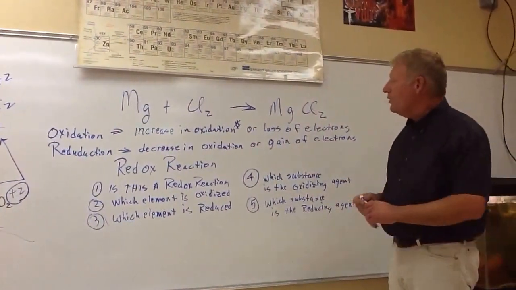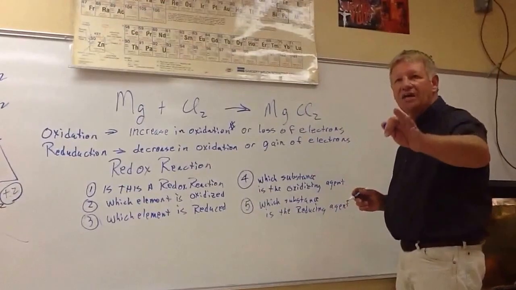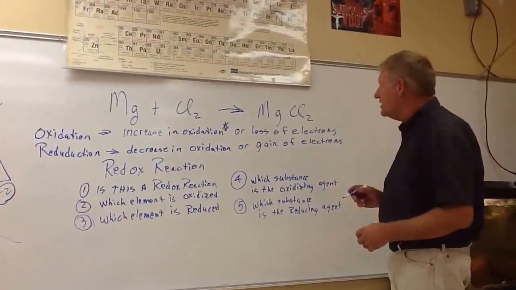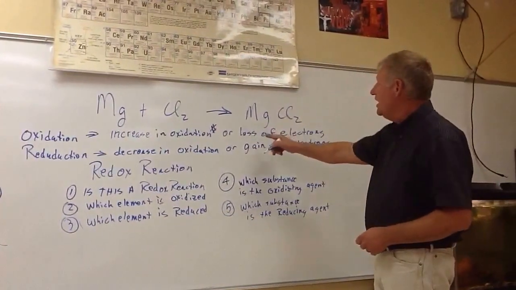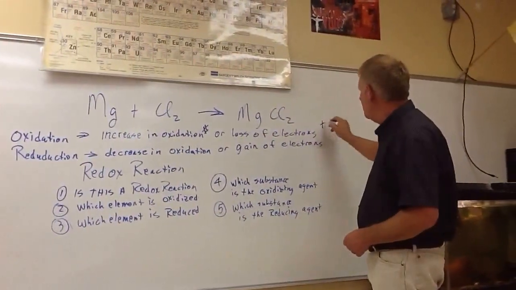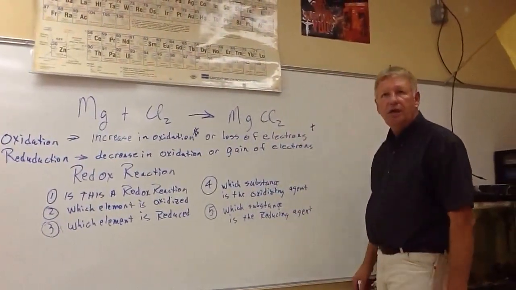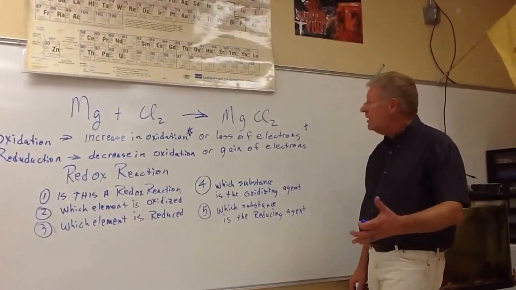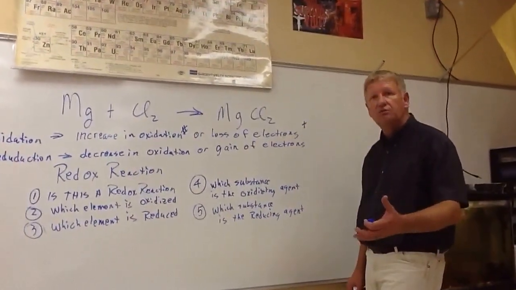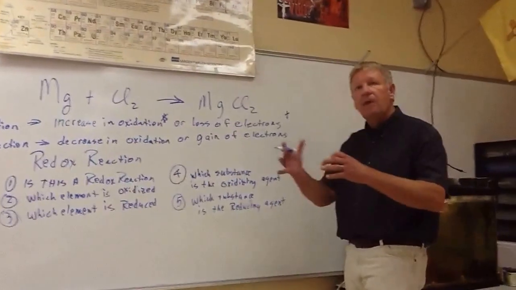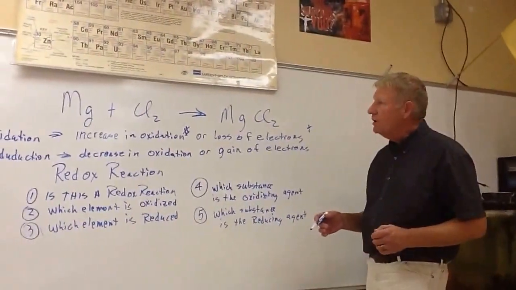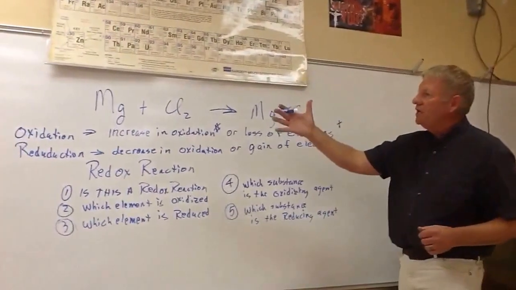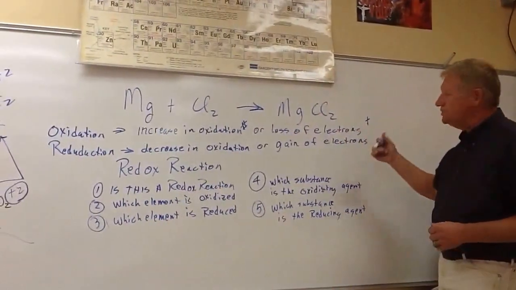If something is oxidized, it's a loss of electrons, which makes it a plus charge, because loss of electrons means less negative charges and more plus charges, because of the balance between the protons and the electrons. So when we say oxidation, it's a plus.